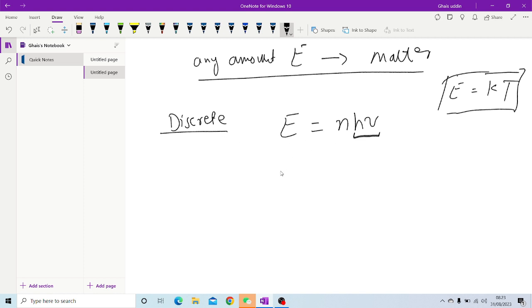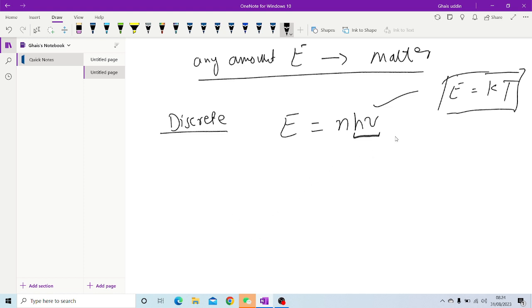The h nu is not the same for all oscillators, because it depends on the frequency of each oscillator, and classical mechanics has no restrictions on this, whatever the frequency may be. So this was also a problem.